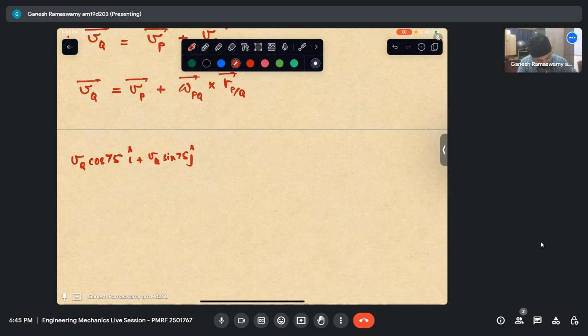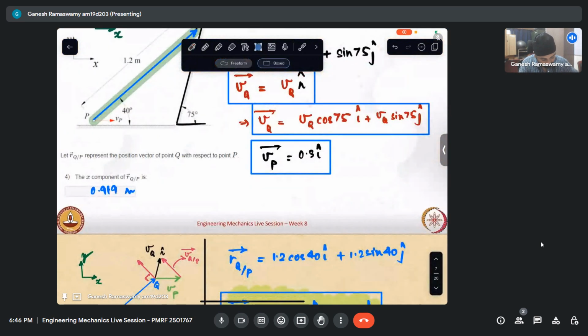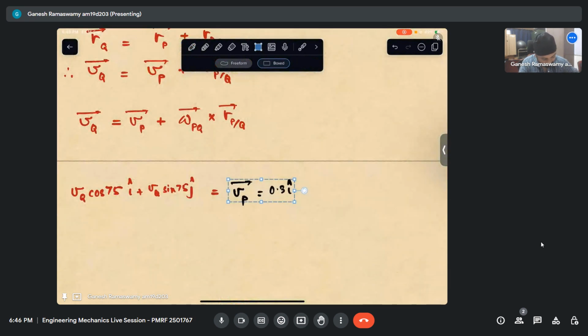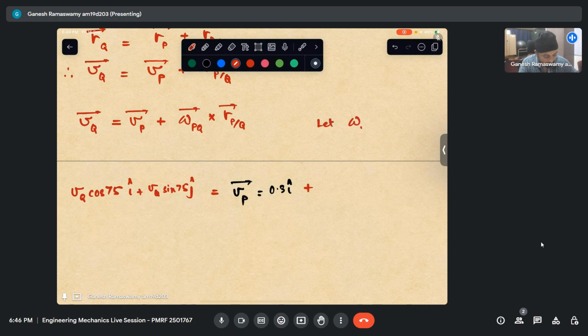Do we know V_P? V_P we know here. Plus, let us consider omega. Let the angular velocity vector be represented as omega_PQ k cap. Let me take it that it is in the positive direction, coming out of the plane of the paper. If it is incorrect, my answer will be negative if the direction needs to be reversed, which we have done umpteen number of times.